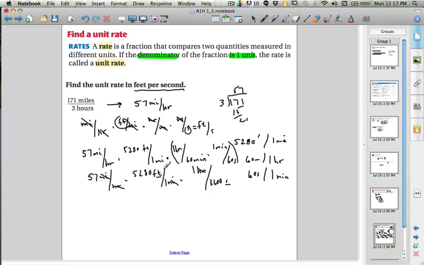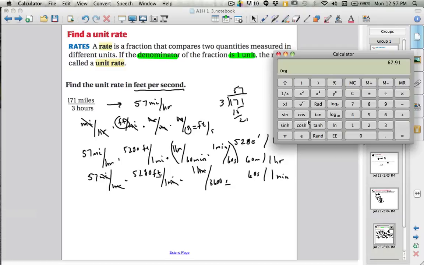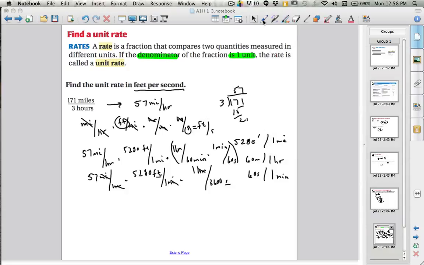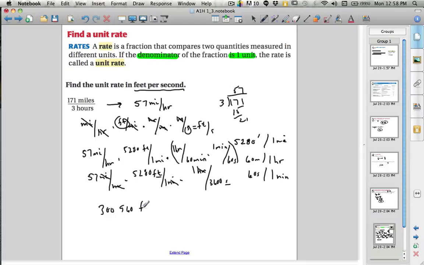So I'm going to do my numerators together. So 57 times 5,280 is 300,960. So I'll have 300,960 feet divided by, the denominators are 1 times 1 times 3,600, so 3,600 seconds.